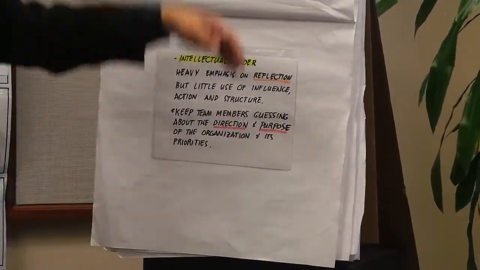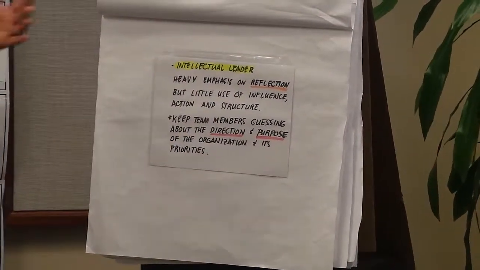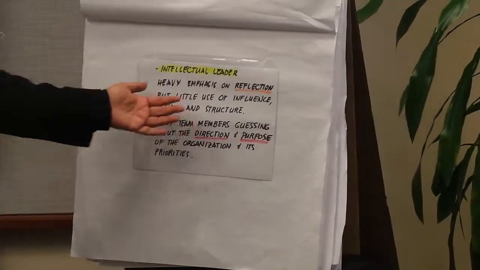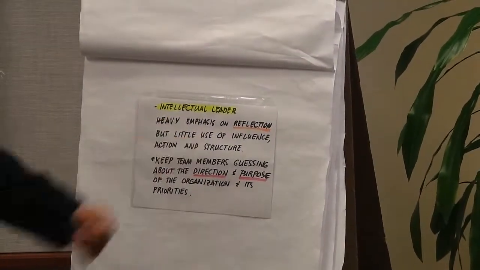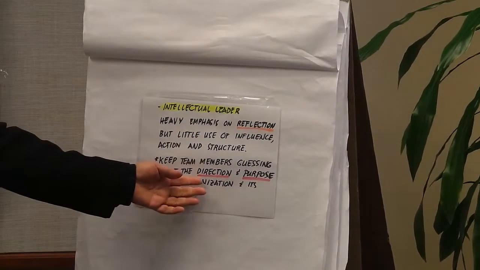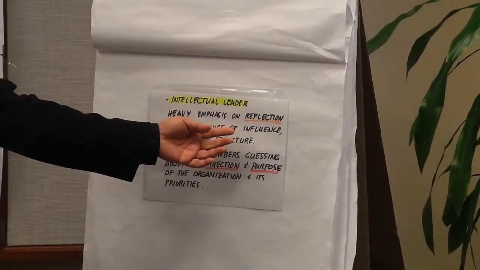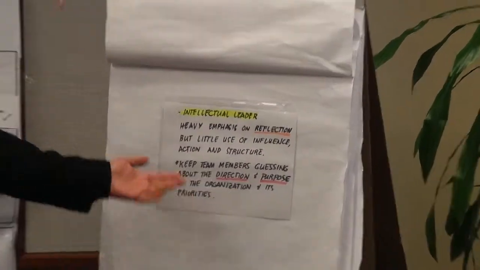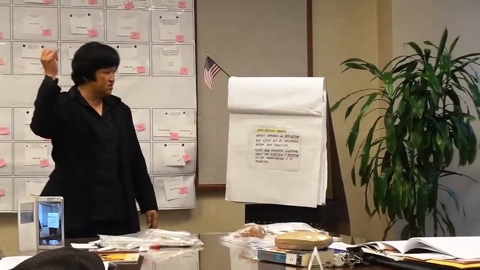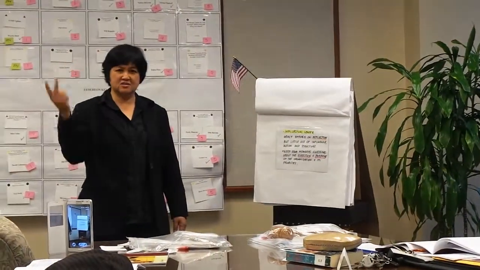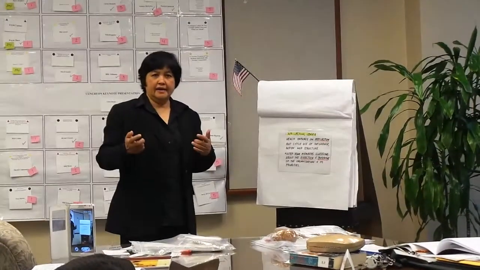So the intellectual leader. We talked about the different leadership styles. The intellectual leader is more on reflection, but it's got just a little bit of influence, action, and structure. Remember, reflection, influence, action, and structure.